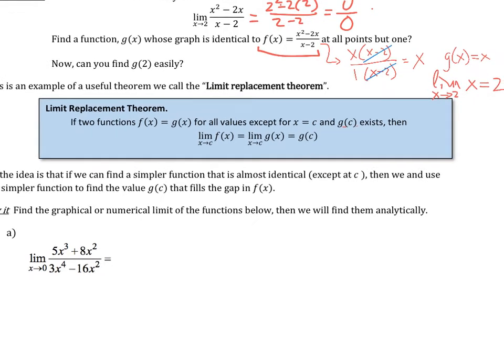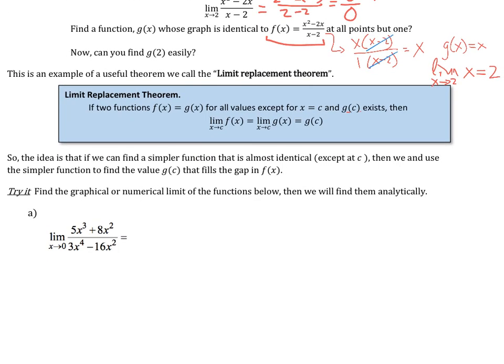All right? So that's called our limit replacement. If two functions are exactly identical except for one point, at x equals c, in this case 2, and g of c exists, then we can find the limit of f of x by finding the limit of g of x, which is just g of c. In other words, we use direct substitution.